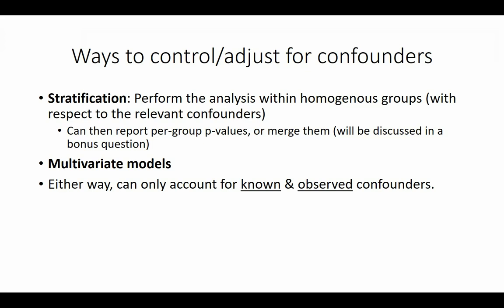Now, it's important to keep in mind that either way, we can only account for confounders which are both known and observed. So of course, you cannot account for something if you didn't even think about it, which is always a great problem. It's actually virtually impossible to prove some causal relationship based on observations alone, because some very skeptical person can always point out that there could be some kind of hidden confounder that you didn't even think about, but could nevertheless confound your results.